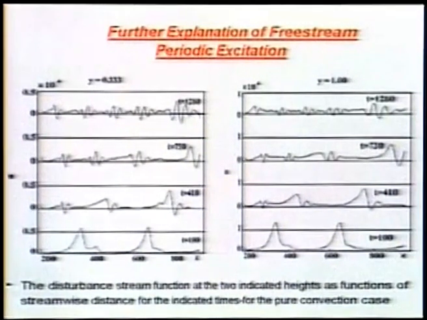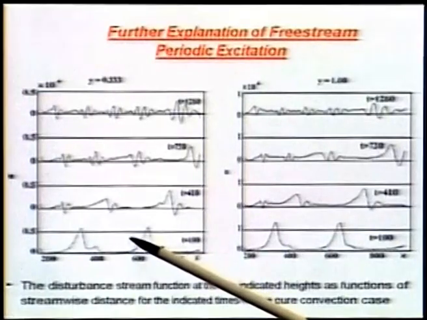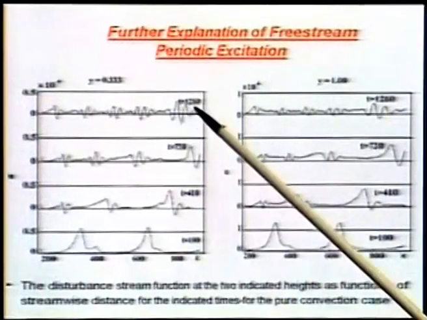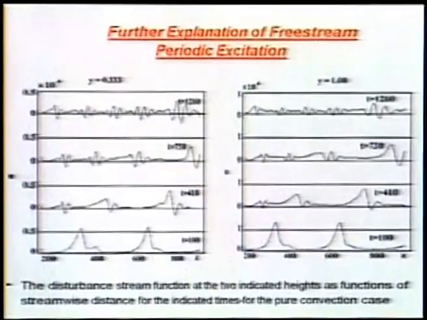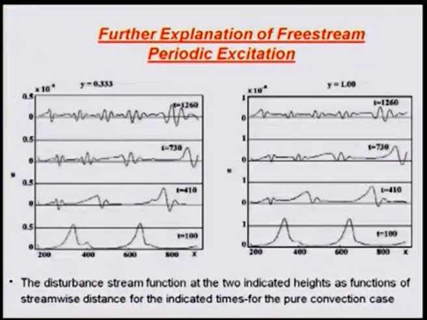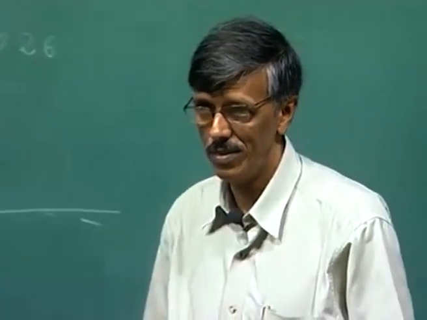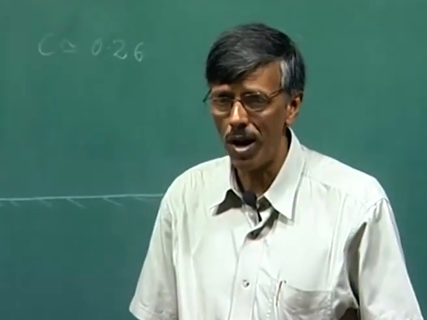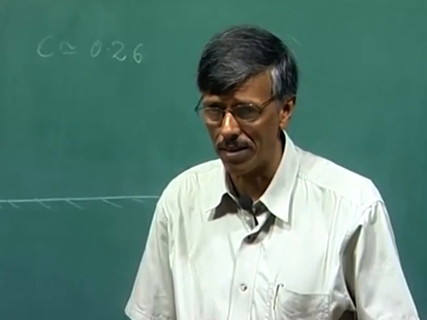So, we started off with a very coherent excitation, but here we end up filling up the whole space. So, this is the story of how the pure convection case can also provide the seed of instability in a boundary layer. So, now do you see what I am trying to drive at?